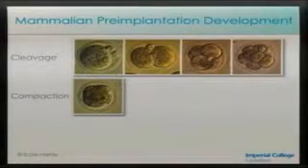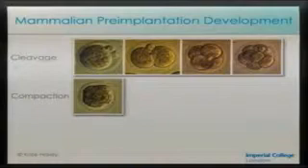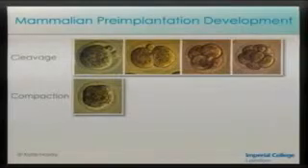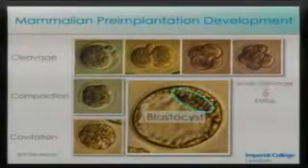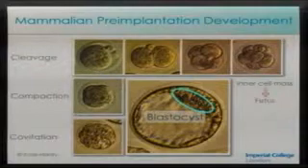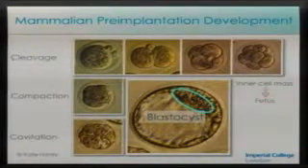The cells increase how they stick to each other, the cells flatten, and this is a terribly important step developmentally, because the embryo now has an outside and an inside. The inside cells become what is termed the inner cell mass, and these inner cell mass cells will go on to form the fetus.